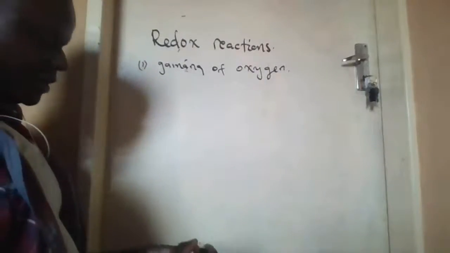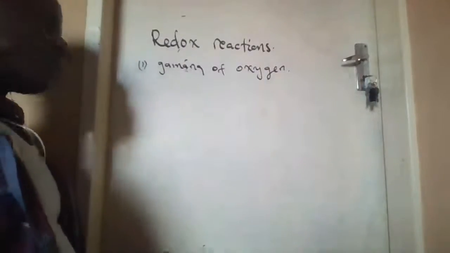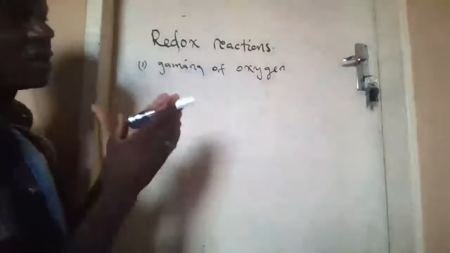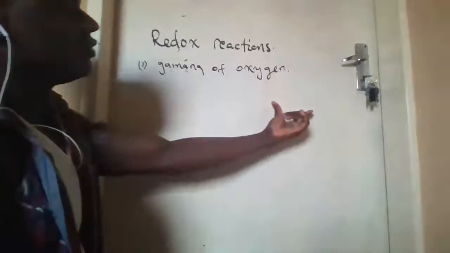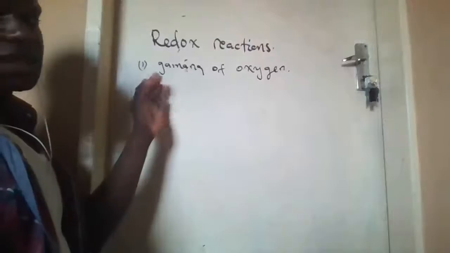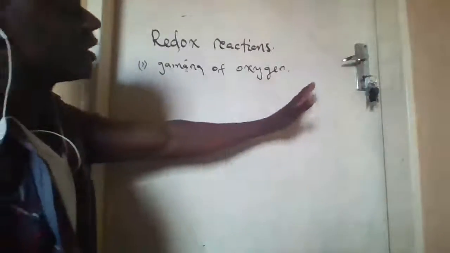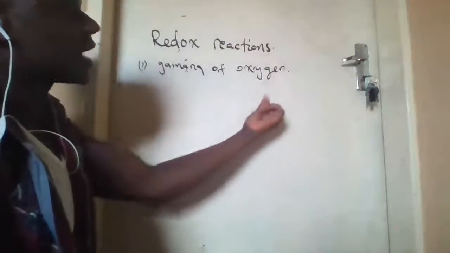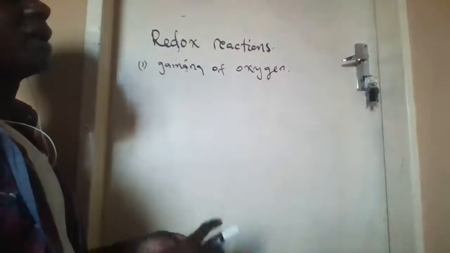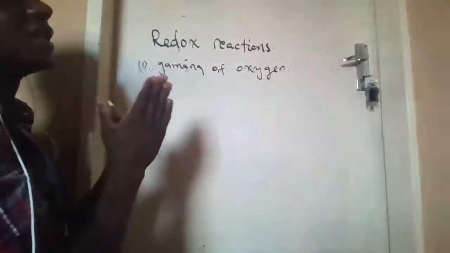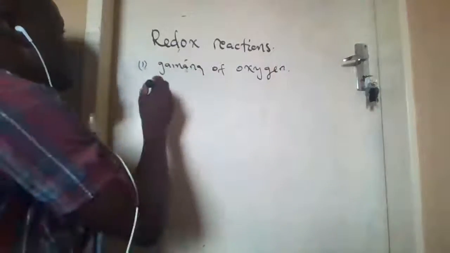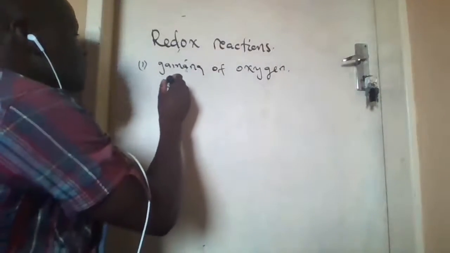There are many ways in which oxygen can be gained, and one of the ways is having oxygen alone reacting with an element. When you combine them, you get a compound which contains the oxygen. Let's say carbon and oxygen form carbon dioxide. So in carbon dioxide, carbon has gained oxygen. That is one way. The other way is whereby the oxygen is within a molecule. I'm going to bring it in a written way. So the gain of oxygen, number one, we can look at examples.